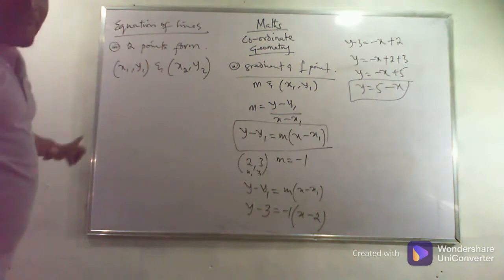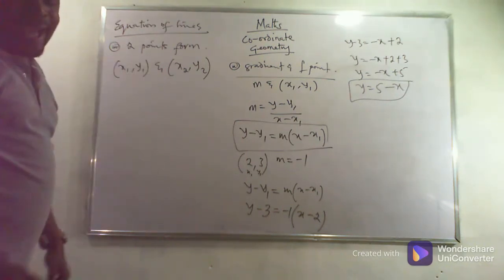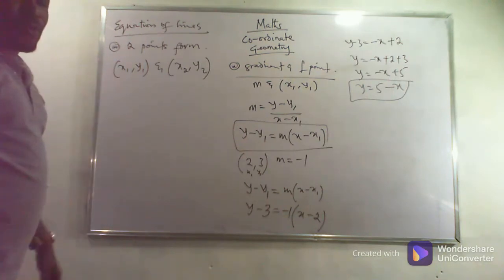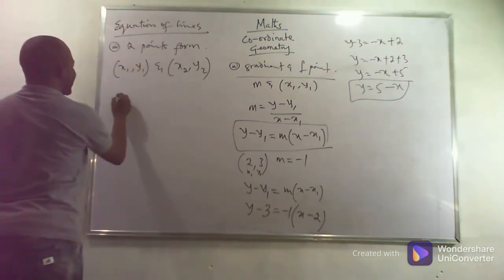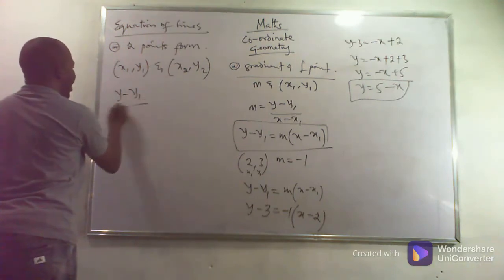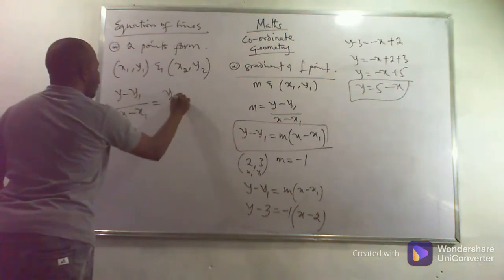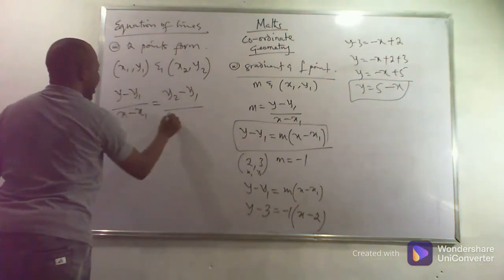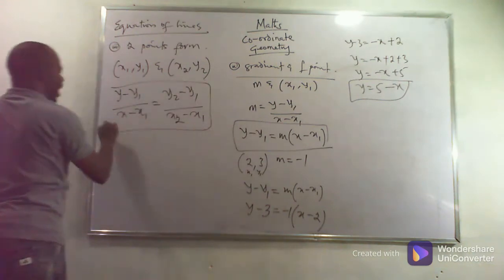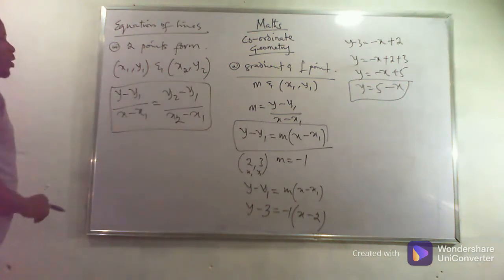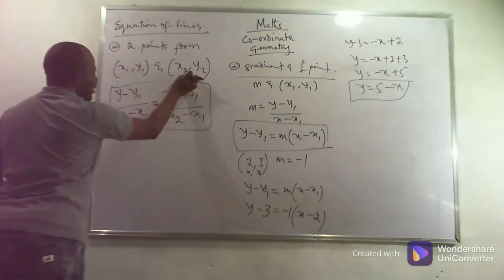You are given that a line passes through these 2 points. They now ask you to find the equation of the line. So you just come down and say y minus y1 over x minus x1 equals y2 minus y1 over x2 minus x1. This is the formula to find the equation of a line that passes through this point and this point.